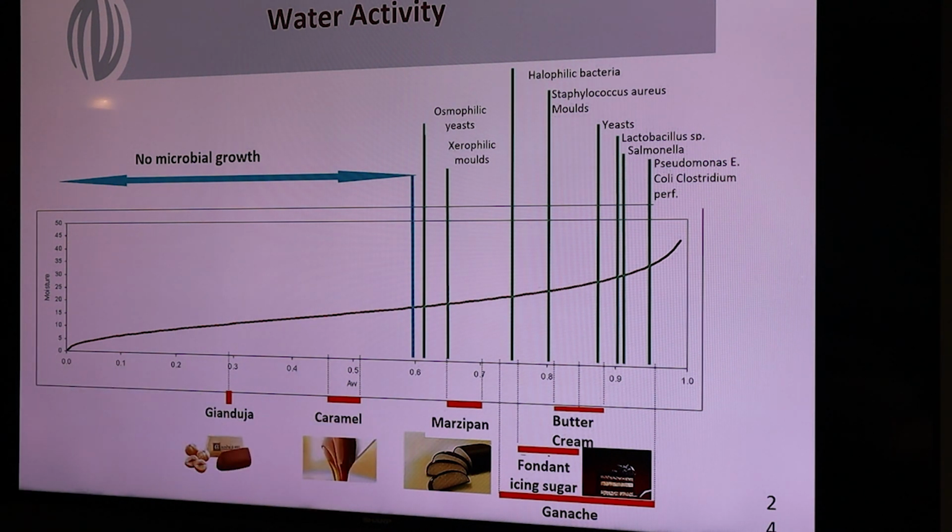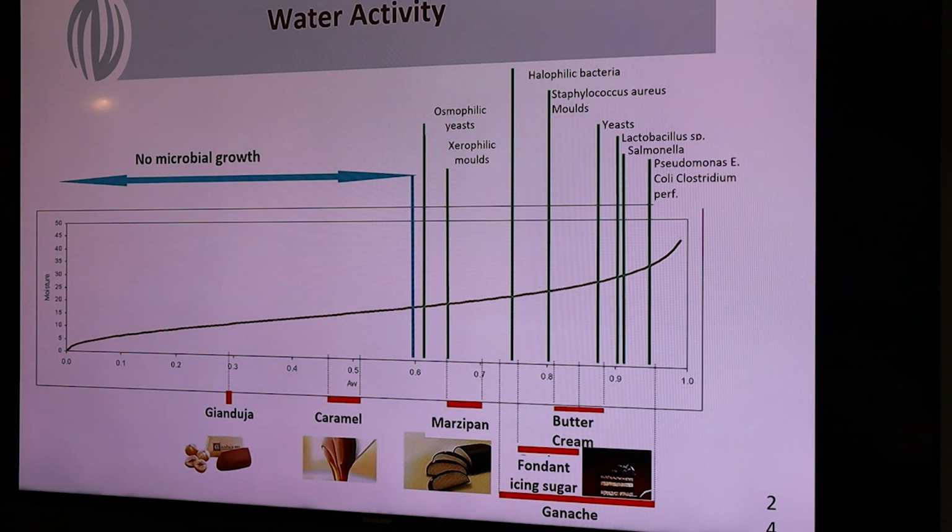Marzipan, I don't know how much the water activity basically is in your marzipan, but it's also a matter of molding. With the wrong ingredients, it will start to grow. So then you will have the molding in your ingredients, which will have a minus effect in your product.